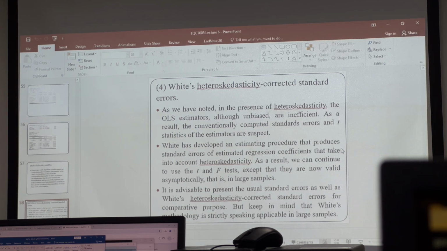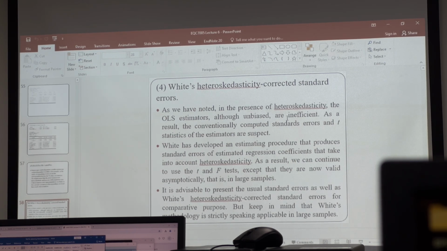Although the average of all possible estimates equals the true value, it is no longer efficient, meaning that it affects the variance of the estimator. As a result, the conventionally computed standard errors and t-statistics of the estimator are suspect. White has developed an estimating procedure that produces standard errors of the estimated regression coefficients that take into account heteroscedasticity.